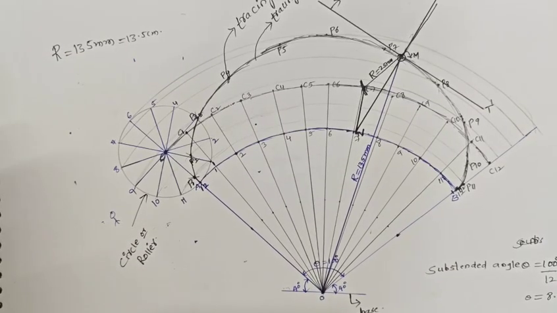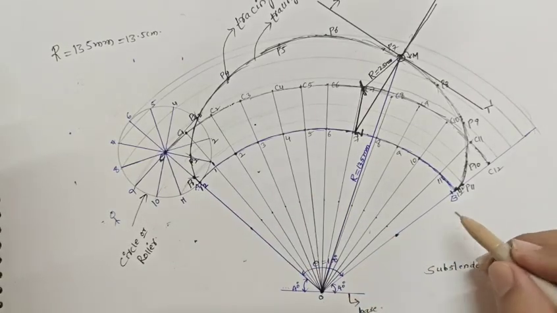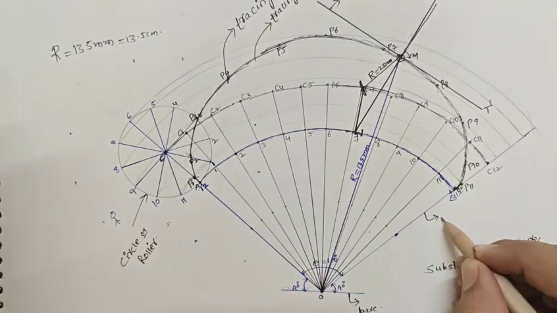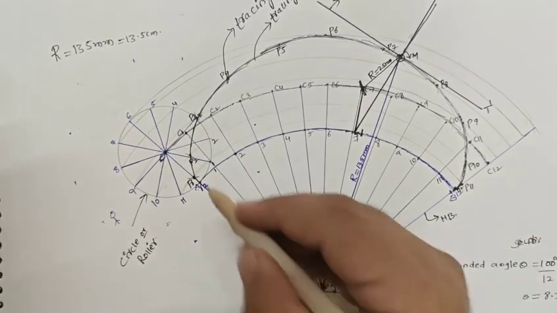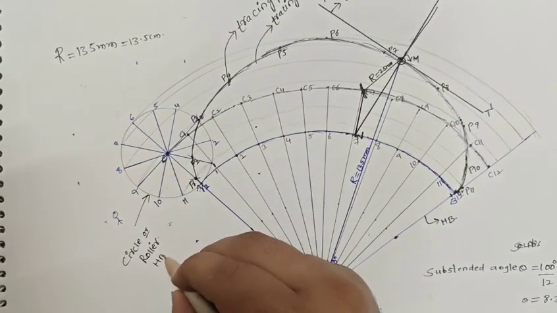Okay. Then again, one more question you may have: sir, which pencil do we have to use here? Always remember, for O2A, O2B, we have to use HB pencil. For the circle or roller, we have to use HB pencil.